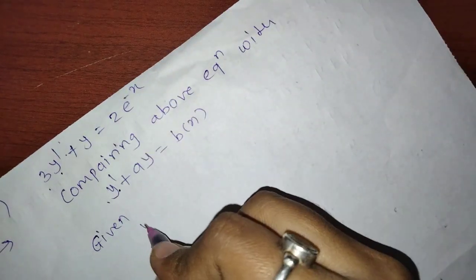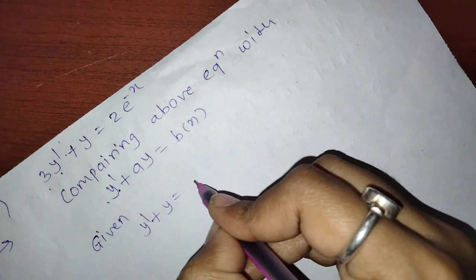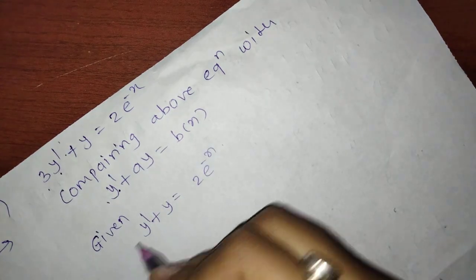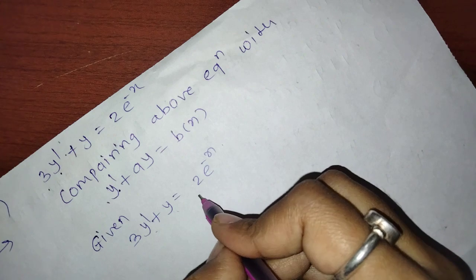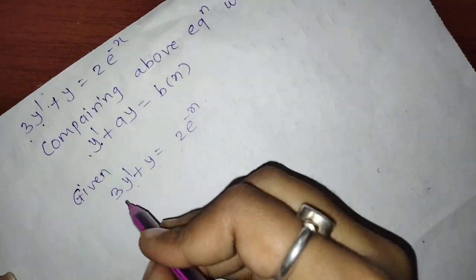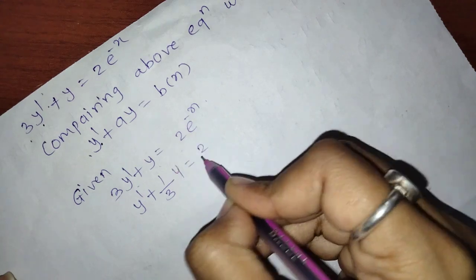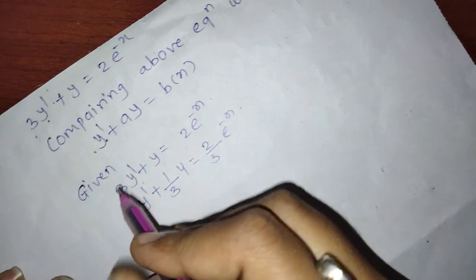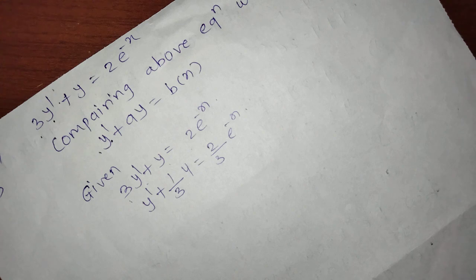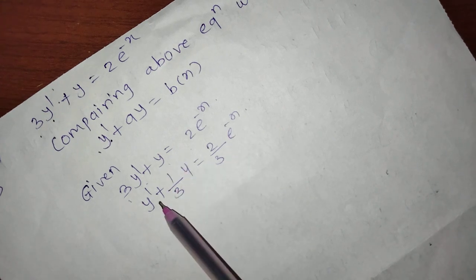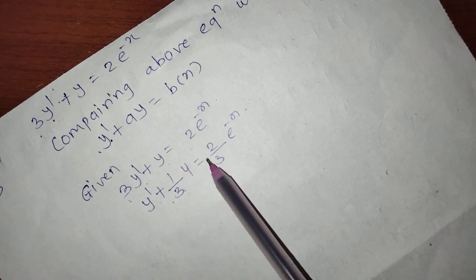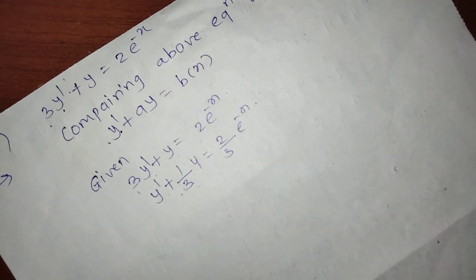That's why we have to first convert this equation into this form. So given 3y dash plus y is equal to 2 into e raised to minus x, when we divide by 3 on both sides, we get the equation in the form y dash plus 1 upon 3y is equal to 2 upon 3 e raised to minus x.